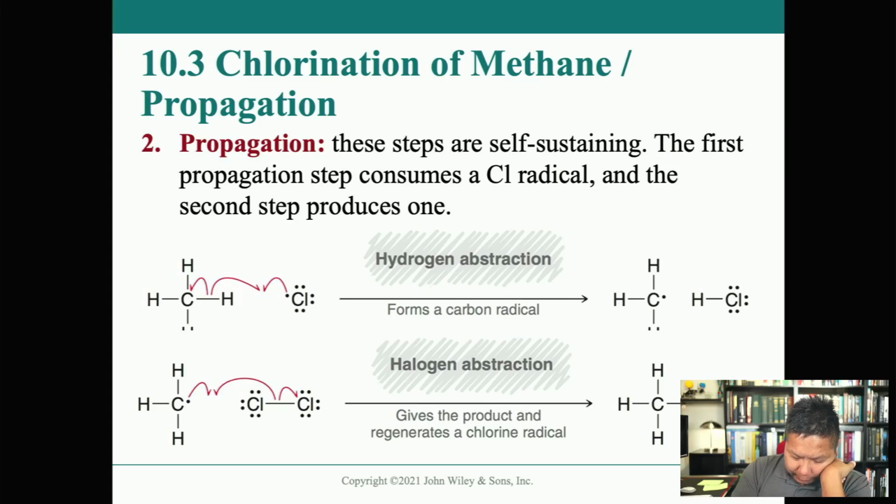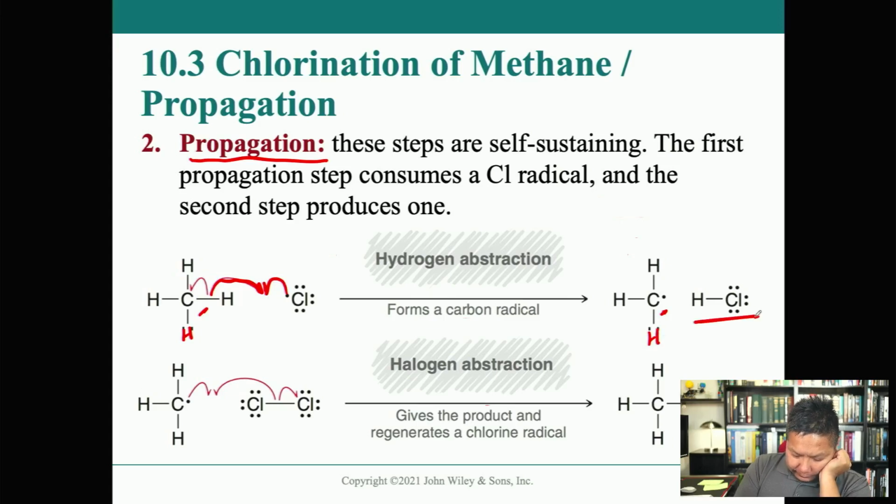Next is propagation. One of the chlorine radicals comes over and introduces itself to the methane, abstracting a hydrogen, leaving you with, that should be not two electrons on there, but a hydrogen around there, because it's still a methyl group. Leaving you with a carbon radical right here, let me make that H there too, there we go, and a hydrogen chloride.